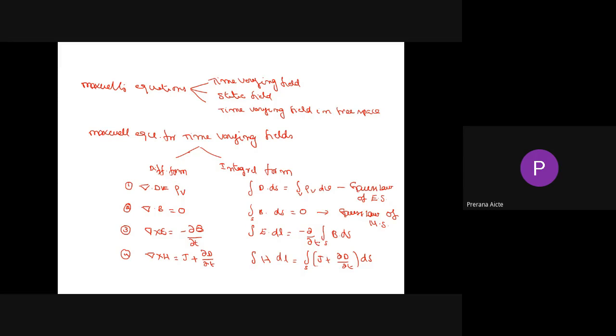This equation we call Faraday's law of electromagnetic induction, because it relates both the electric field and the magnetic field. Here we have the magnetic flux density B and here the electric field, so since there is a relation between the two, it is Faraday's law of electromagnetic induction.